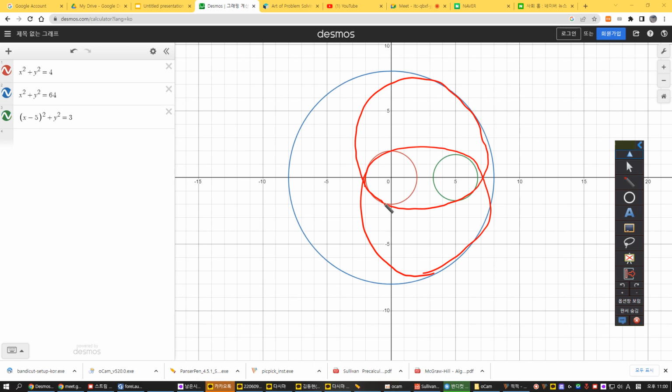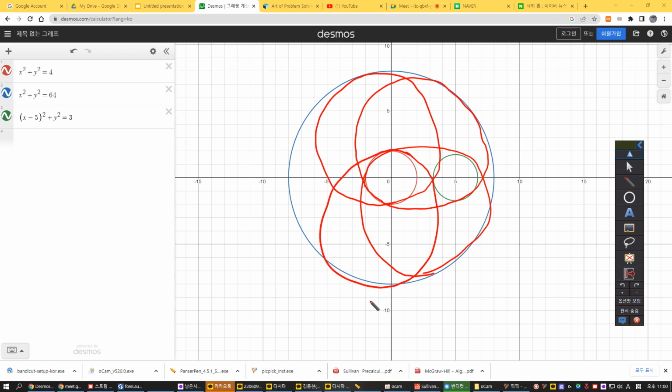Yes, so the bigger one is like this. So the property is that this one always touches the center red circle on the inside. So it also happens 4 times like this.